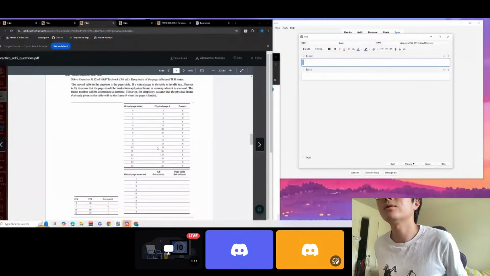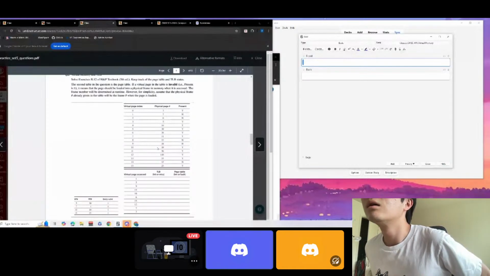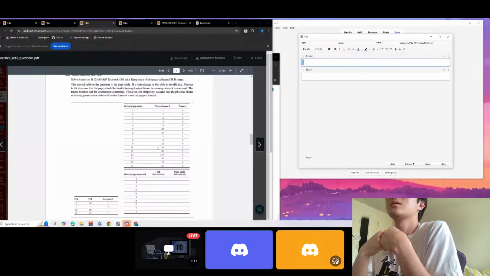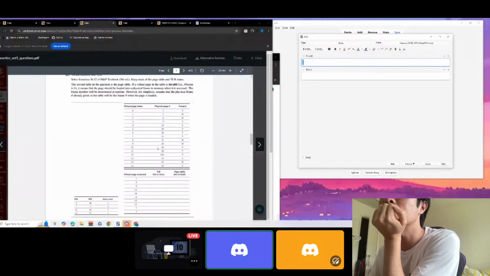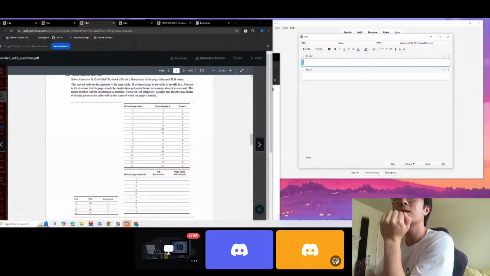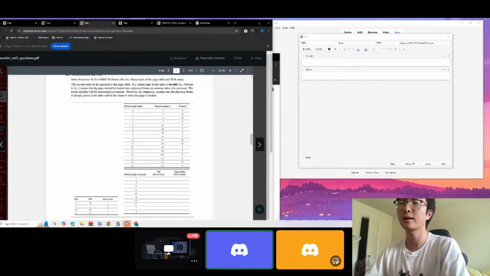It's the page table. So this virtual page number is invalid present, and that means that the page should be loaded into a physical frame in memory when it is accessed. Okay.